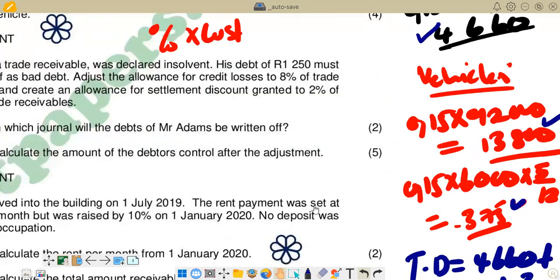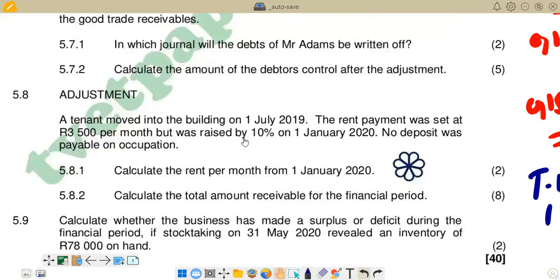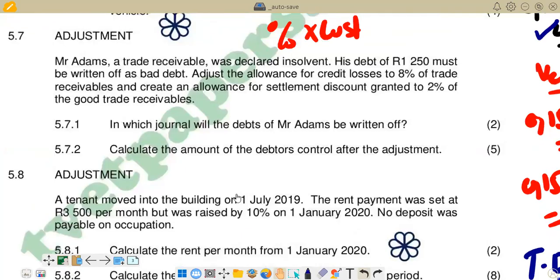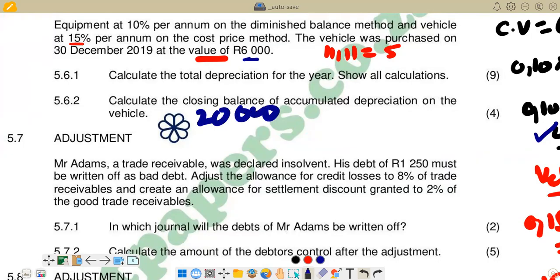So if you come here now, we are saying 20,000 is the one that we are given in the trial balance.